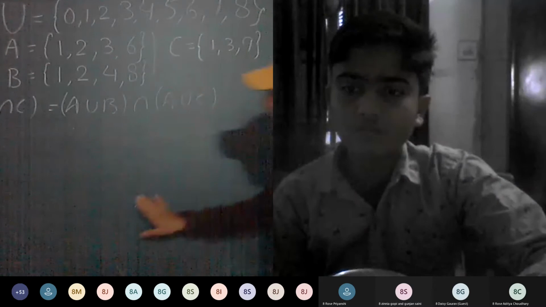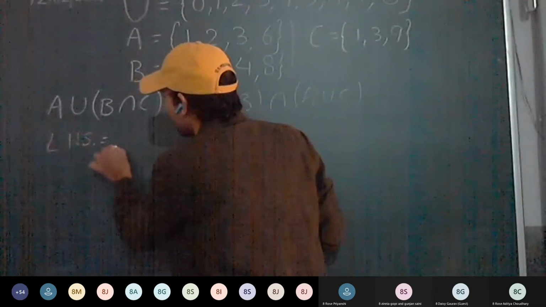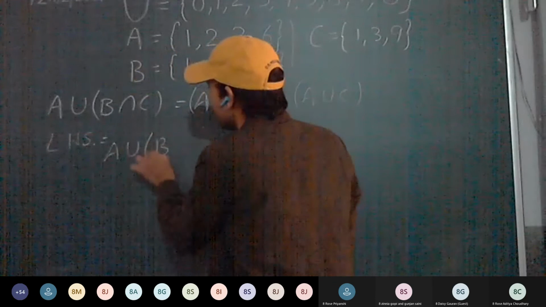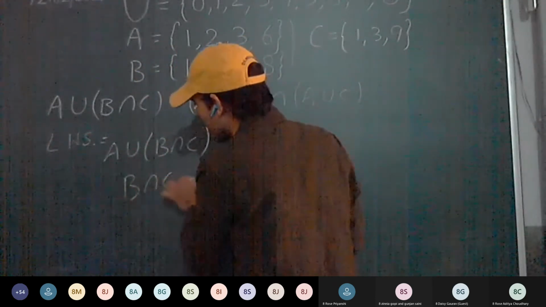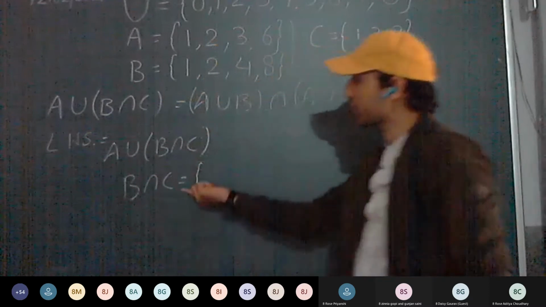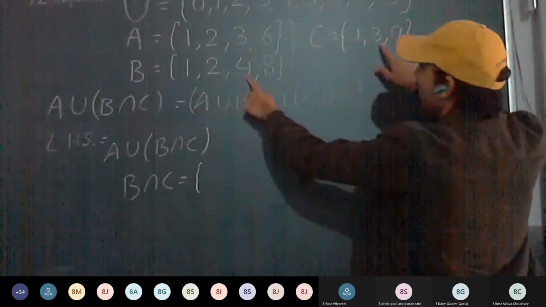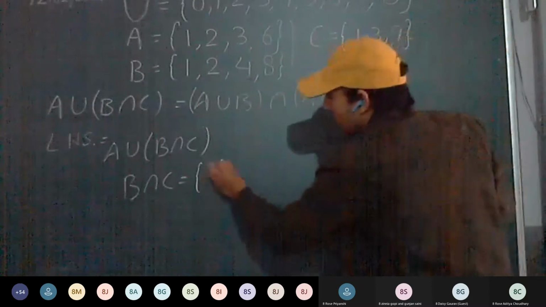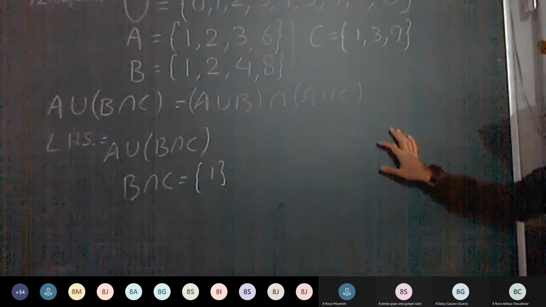Now we'll prove. So first, left hand side. A union... you understand this. So first we'll be finding B intersection C, which is only 1. Understood this one?